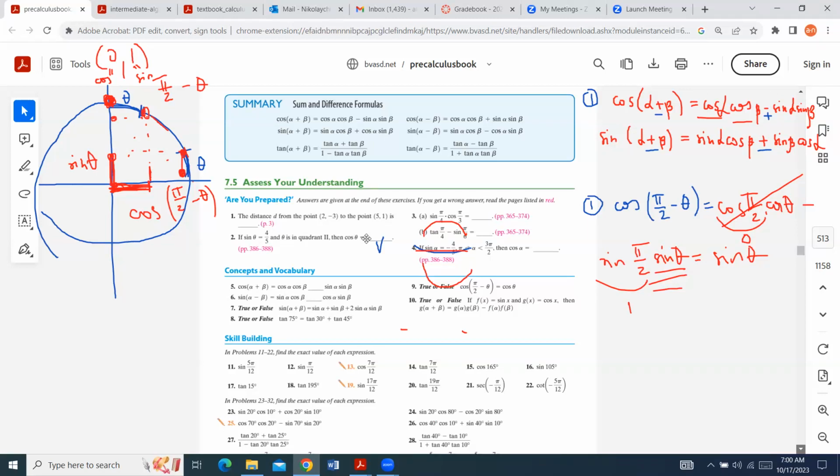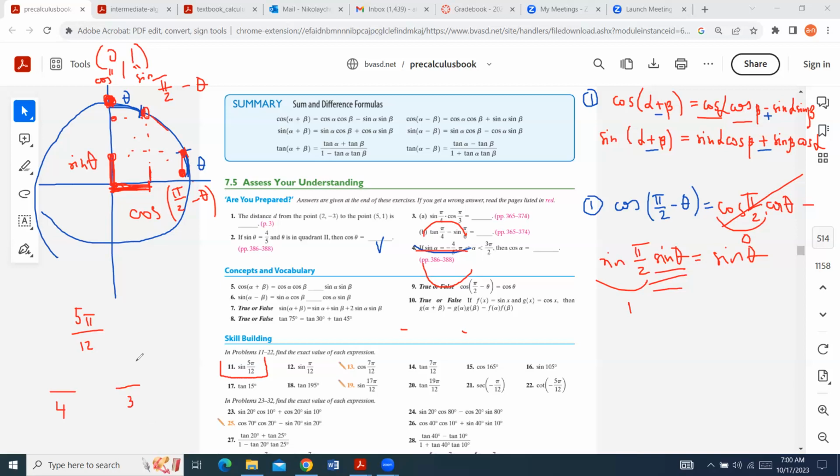So, for example, problem number 11 will enable me to produce expressions for things like 5 pi over 12, because what I need is to decide how we can produce this from fractions with denominators 3 and 4, right?